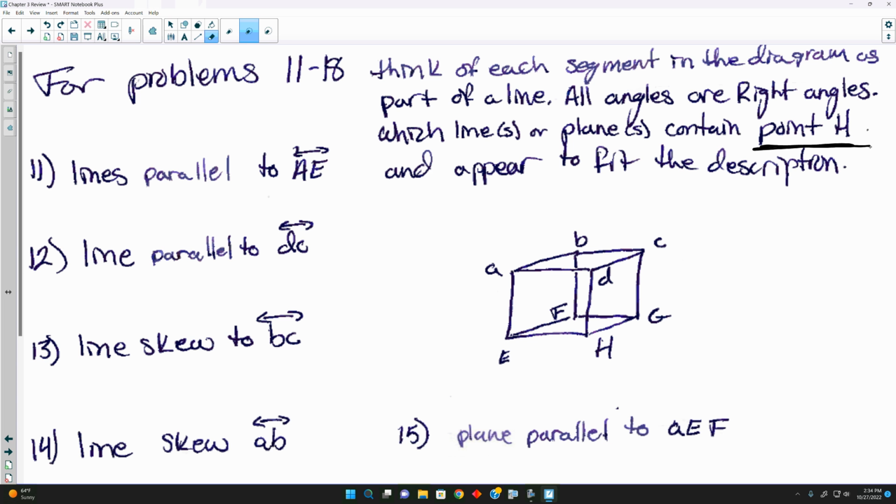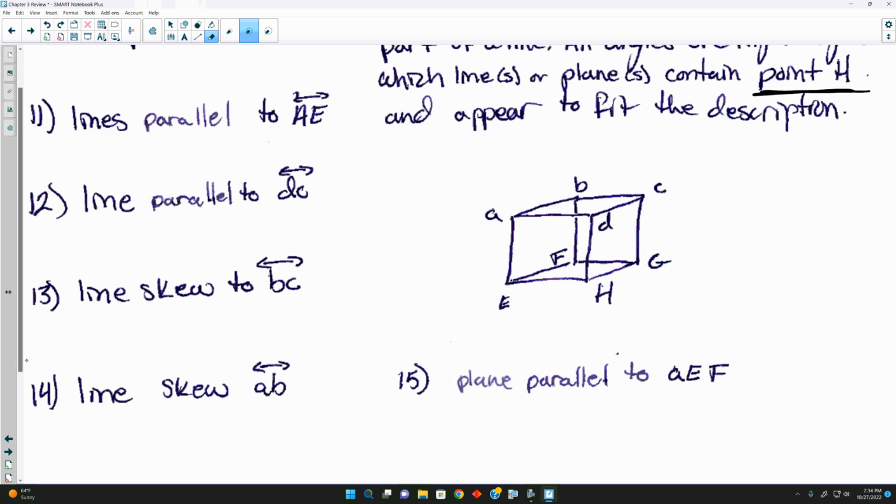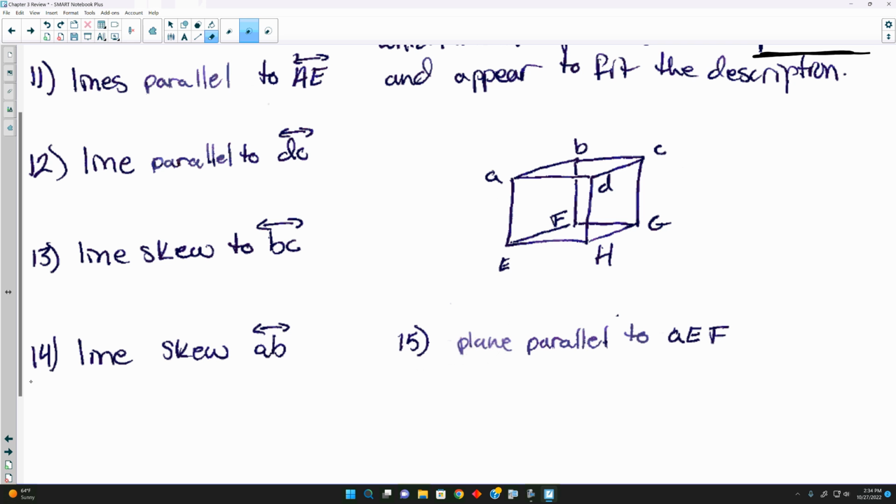So skew. Skew is like parallel, in that they will not intersect, but they are not contained in the same plane. So skew to BC.